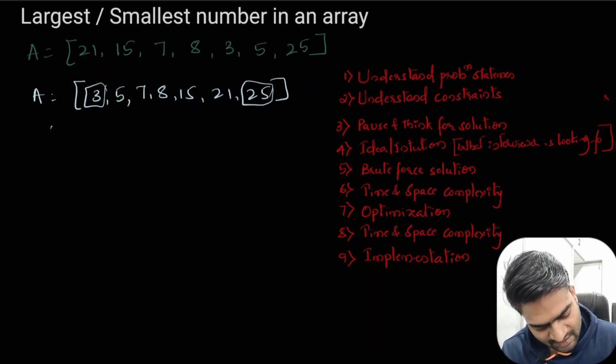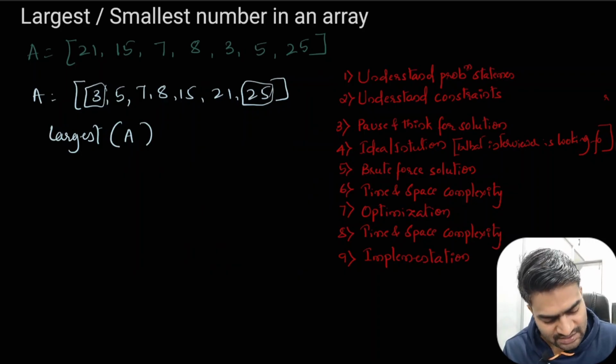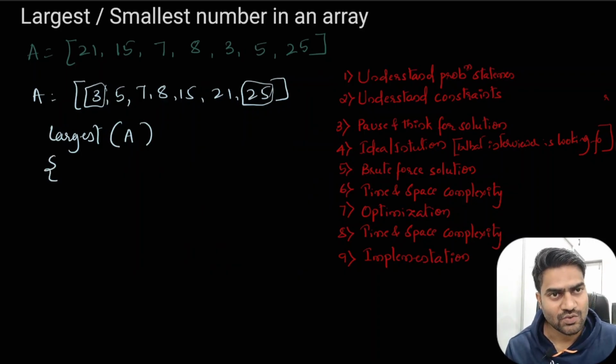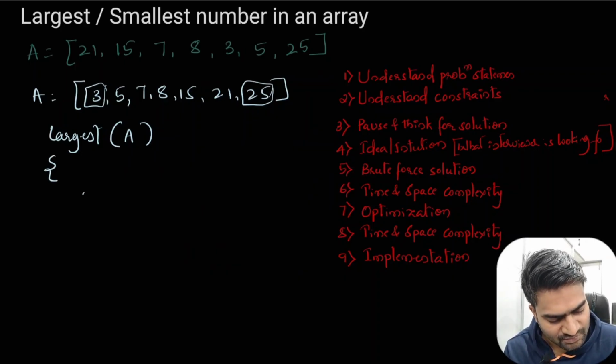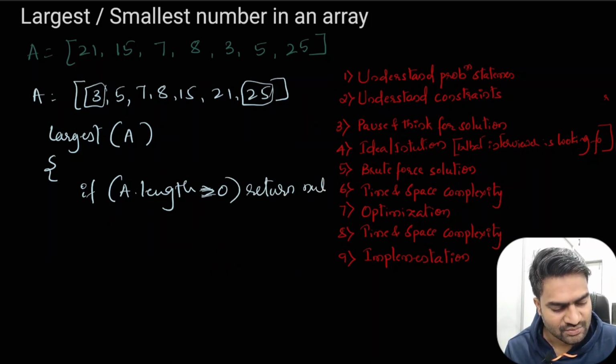We have a method named largest, and it accepts a as the input parameter. First we check if the length of the array is greater than 0. If it is equal to 0, then we simply return null, because we don't have anything in the array.